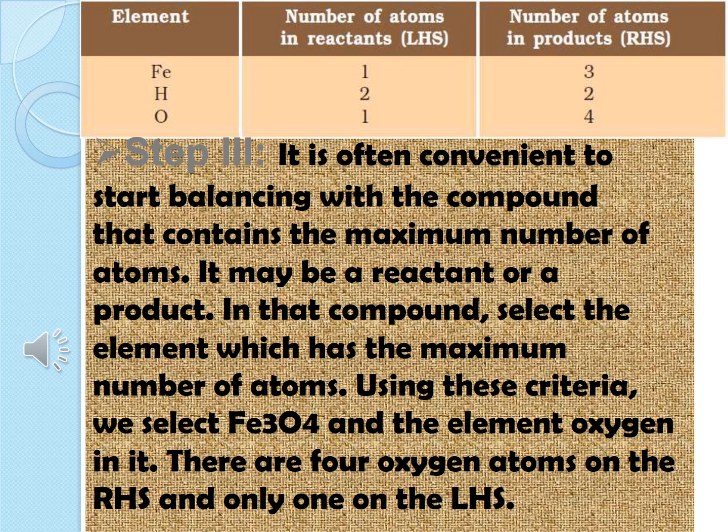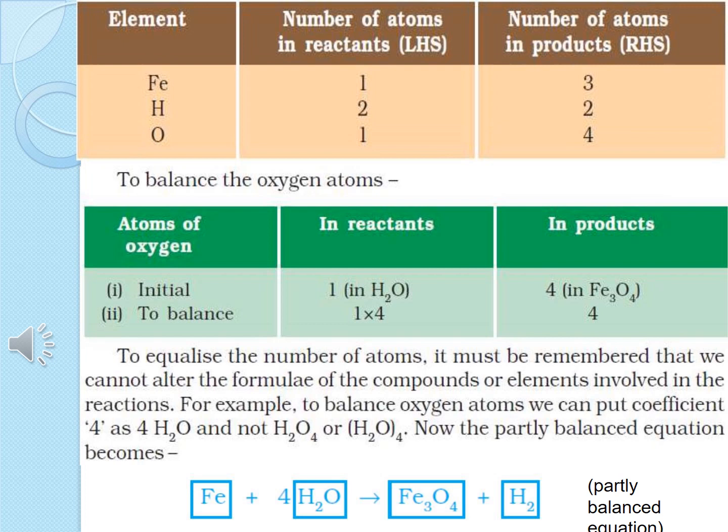There are 4 oxygen atoms on the right hand side and only 1 on the left hand side. For balancing, we can multiply water by 4 on the reactant side. Now, the partly balanced equation is Fe plus 4H2O gives Fe3O4 plus H2.